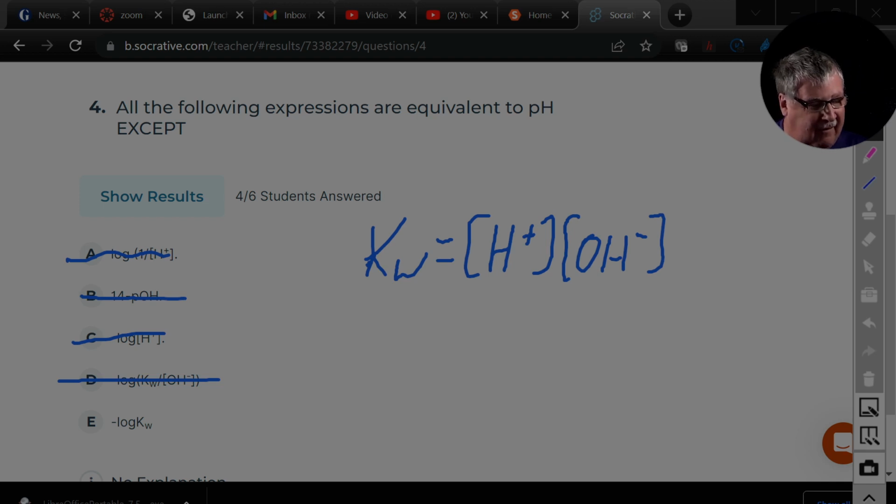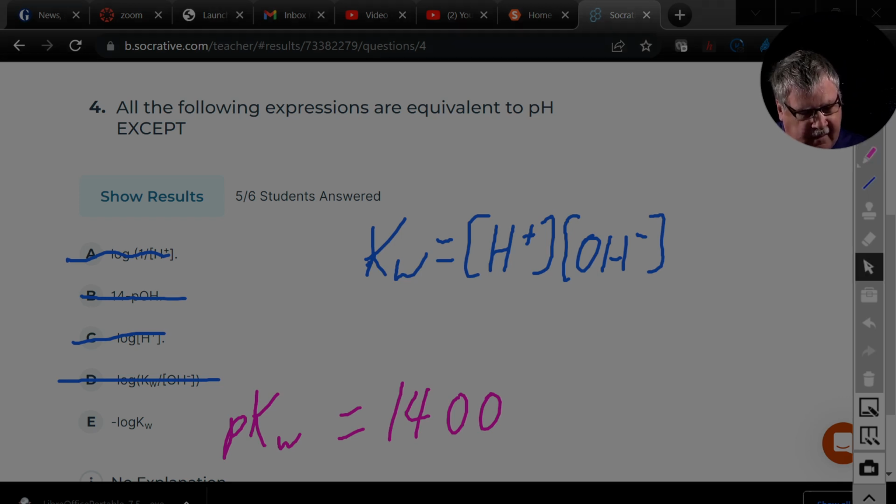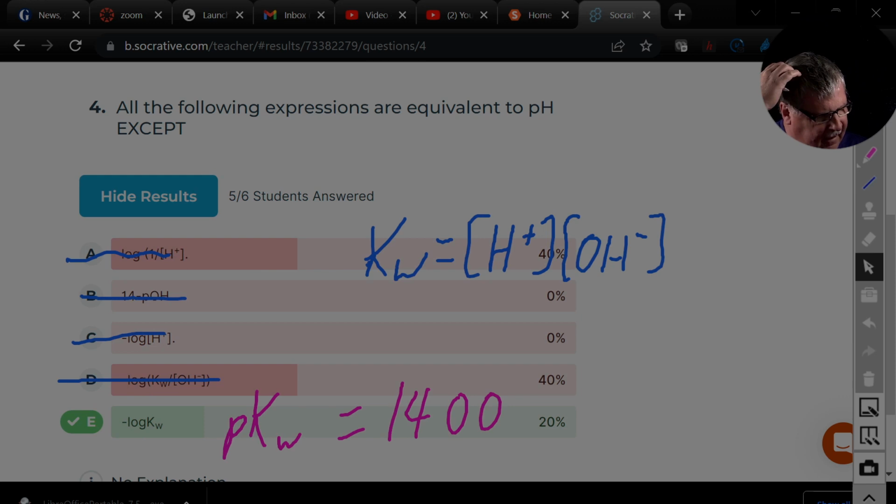Take Kw divided by the hydroxide ion concentration, and that's going to give you the hydrogen ion concentration. If you look at the bottom one, we learned to define this as pKw, which we said was 14. So there's your correct answer. Another way of looking at it is to say, okay, negative log Kw. That's not pH. That's pKw.